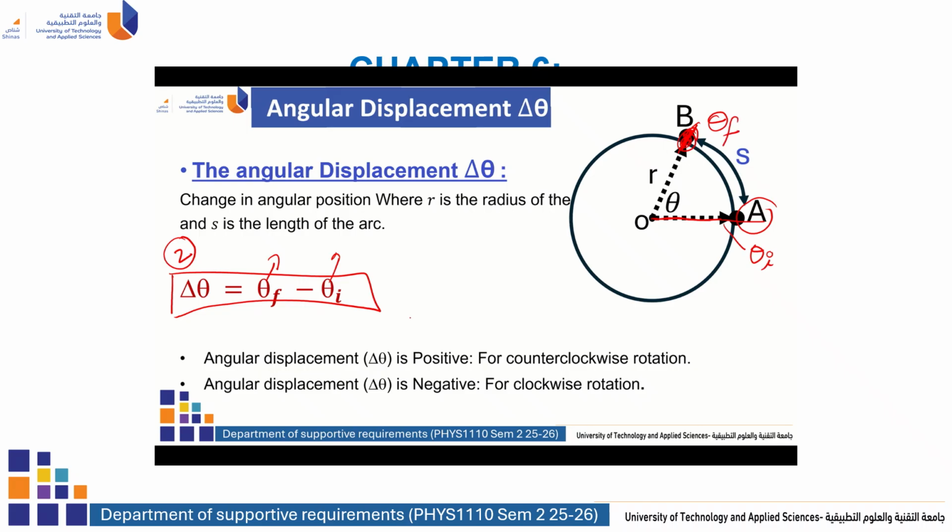So this is the difference between the final angular position and the initial angular position. This is the second rule for the angular displacement.